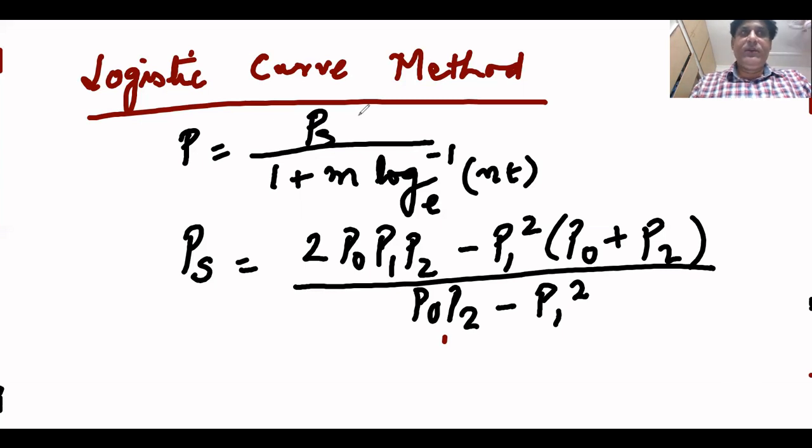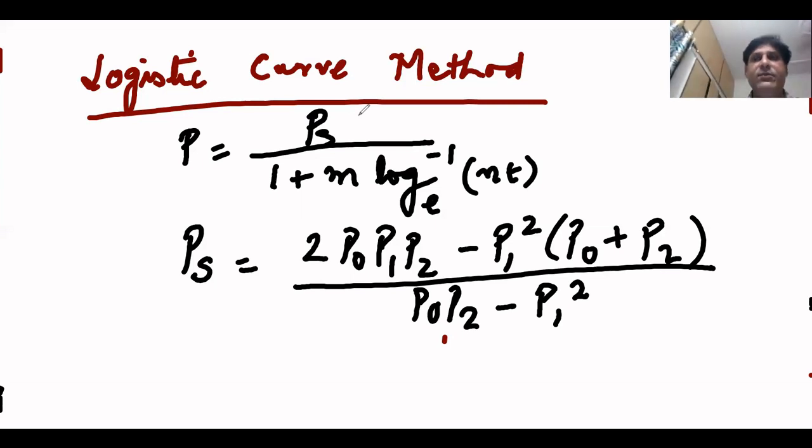Now the population P1 say is 10,000 after T1 equals 20 years. And P2 is the population, say 60,000 at T2 equals 40 years. Now you need to have a constant time span between these population slots, right? So this is PS.